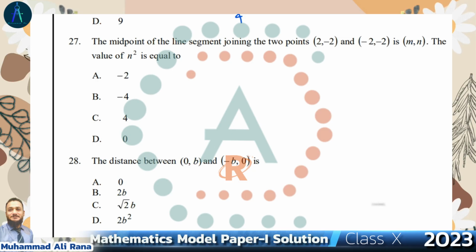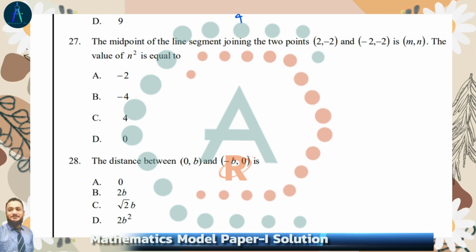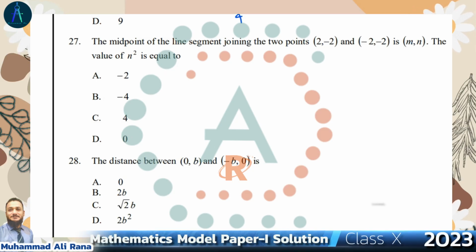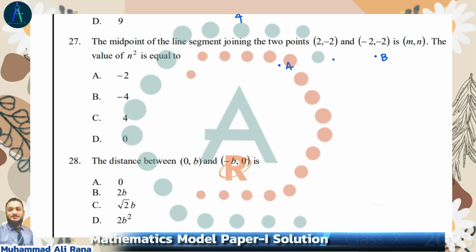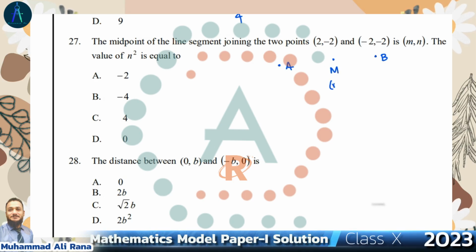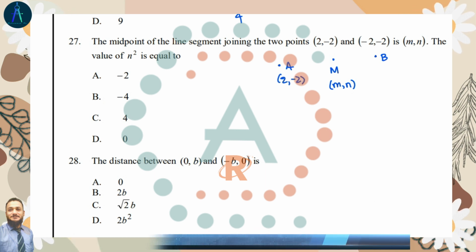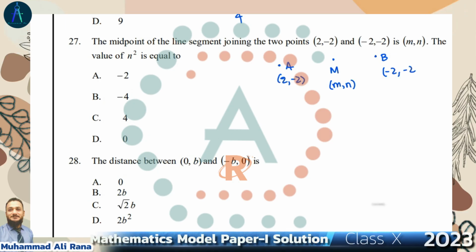The midpoint of the line segment joining this and this is equal to m, n. Find the value of n square. So we have 2 points. This is point A and this is point B. The midpoint of these two points, let's say it is M, has coordinates m, n. The value of A is 2, -2 and the value of B is -2, -2.